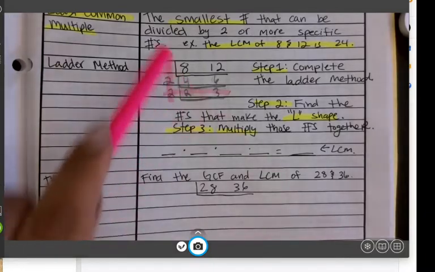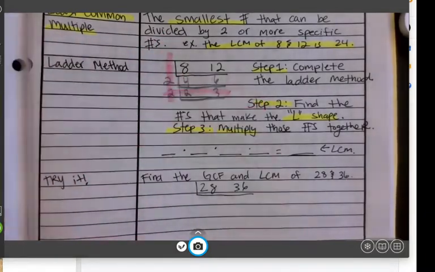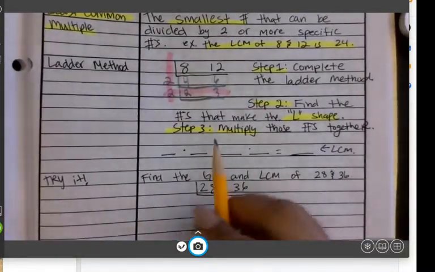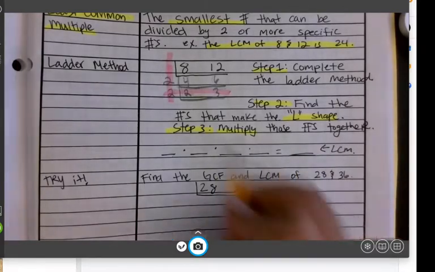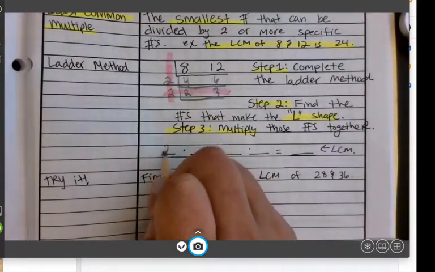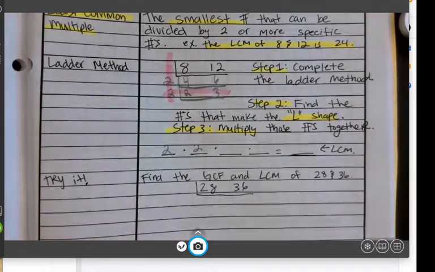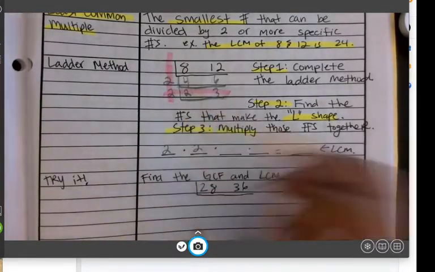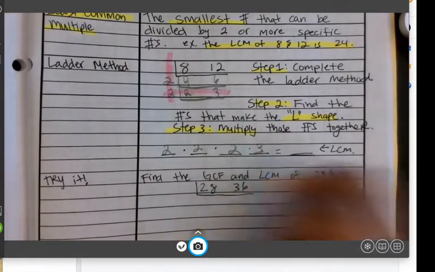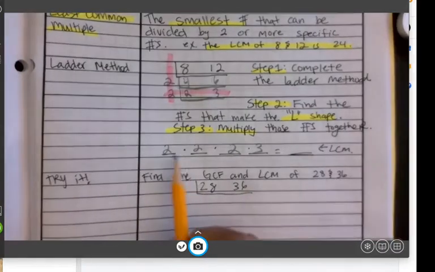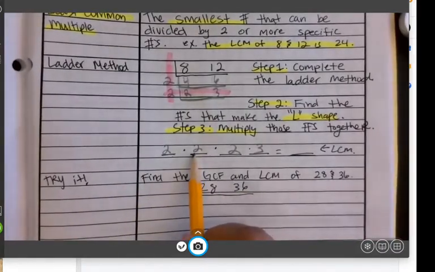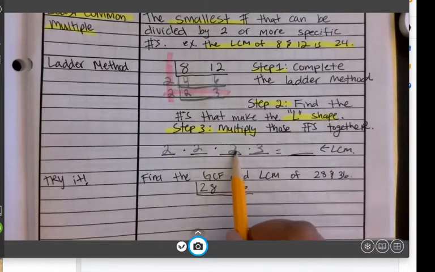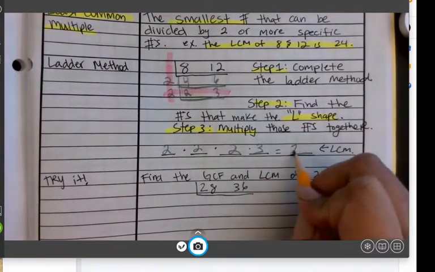So you take the vertical numbers and the horizontal numbers, and step 3, multiply those numbers together. So we have 2 and 2, and 2 and 3. 2 times 2 is 4, 4 times 2 is 8, 8 times 3 is 24.